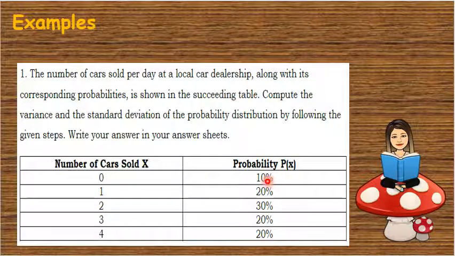So, mag-move lang tayo from the decimal point, kung 10%. So, nandito sa last digit yung decimal point, move lang tayo ng 2 decimal places to the left. So, yung 10%, ang equivalent niyan sa decimal is 0.1 or 0.10. Ganun din doon sa iba pang percentage. Move lang ng 2 decimal points to the left.